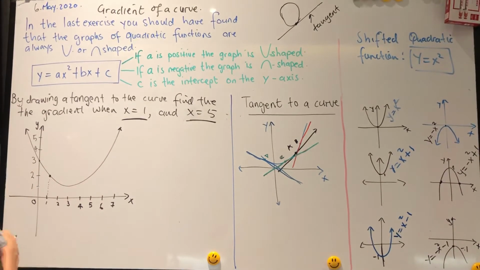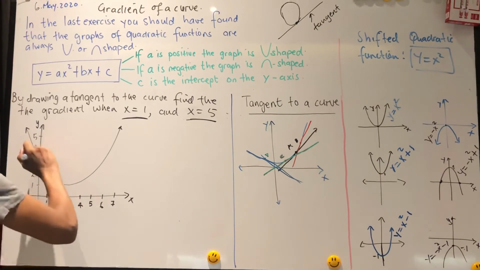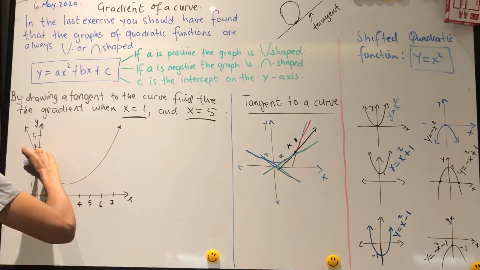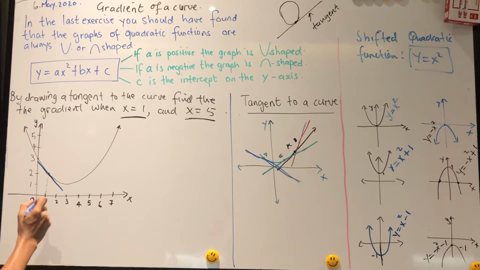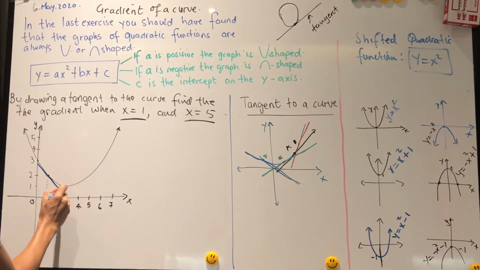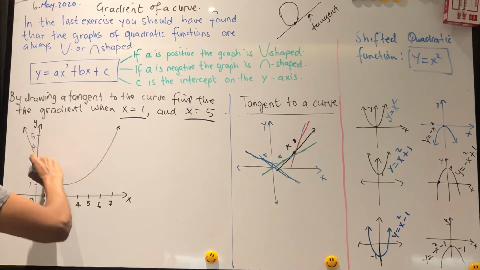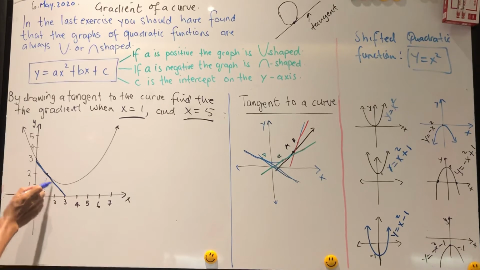So now what am I going to do? I'm going to draw myself a tangent from there. A tangent, use a ruler, okay? So when I do that, it's going to be like that.